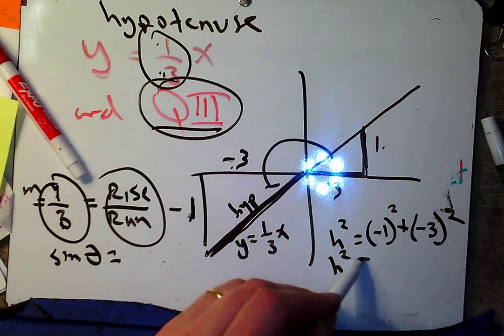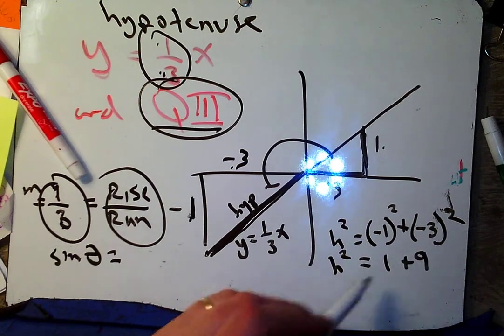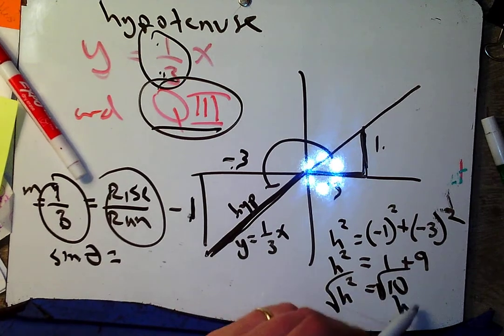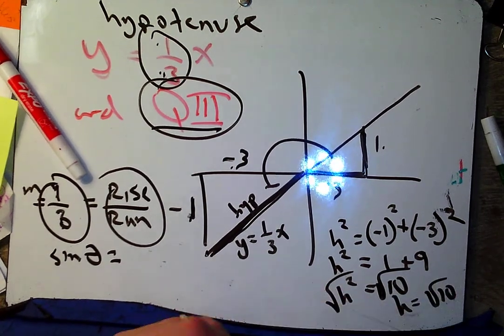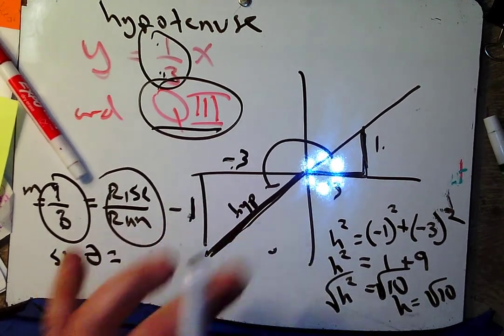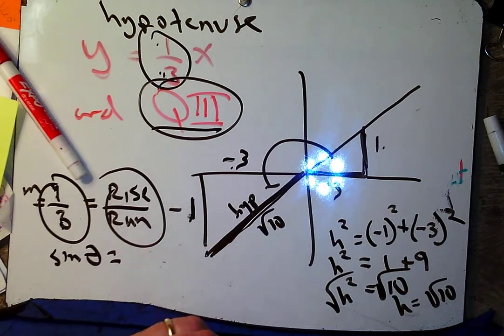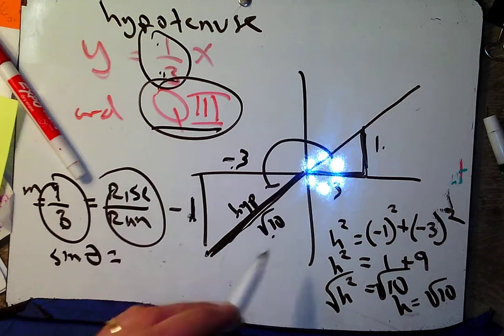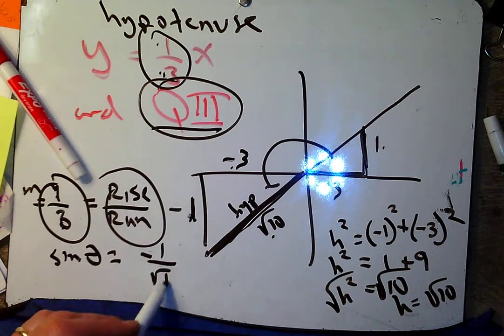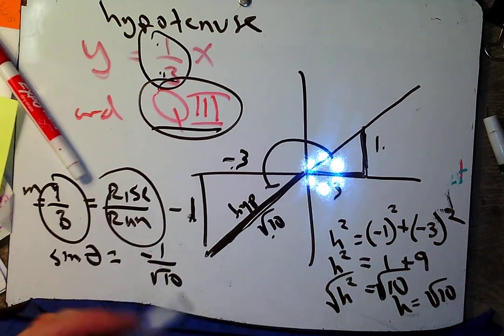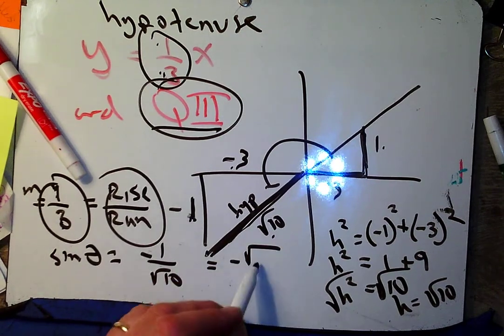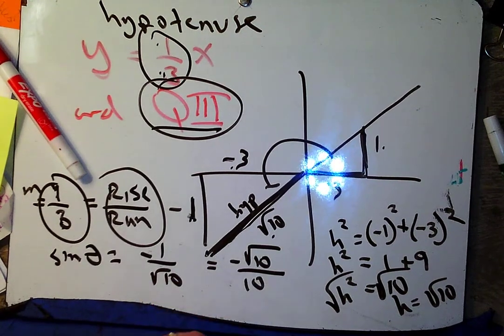I get that h squared equals 1 plus 9, h squared equals 10, and h equals square root of 10. So my hypotenuse is square root of 10, and if I'm looking for sine, it's just opposite over hypotenuse. It's fine if you leave this unrationalized. I noticed that most people prefer this.